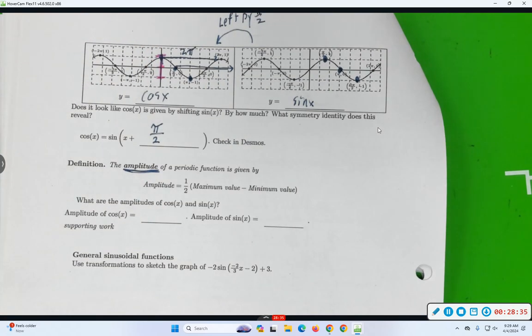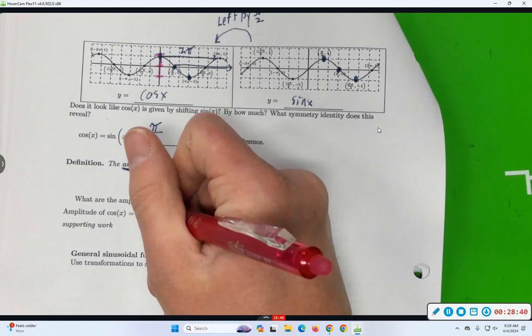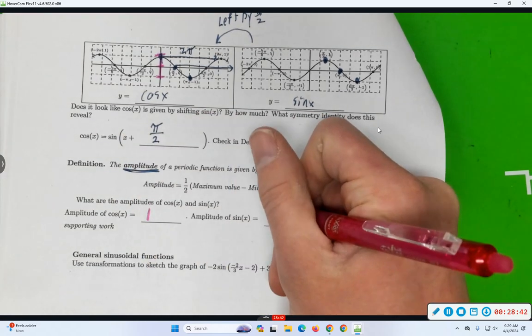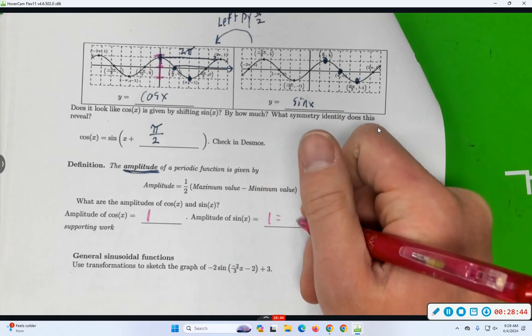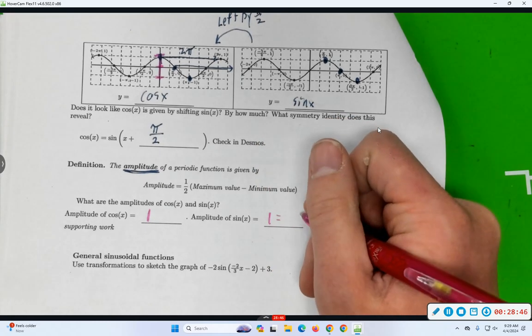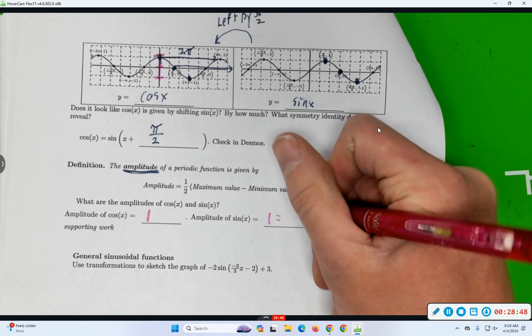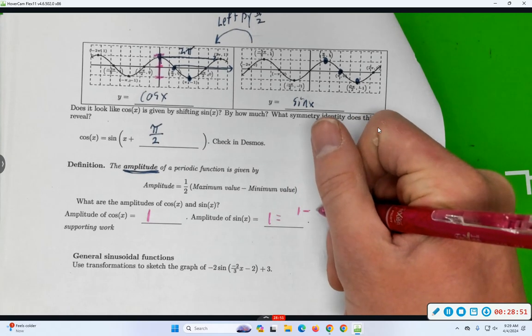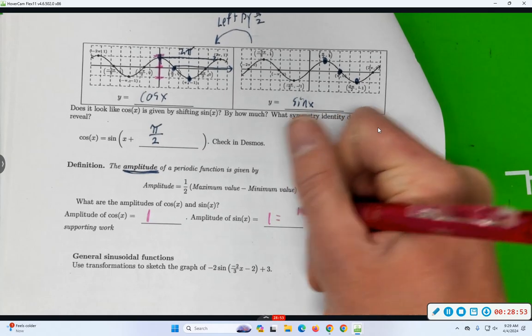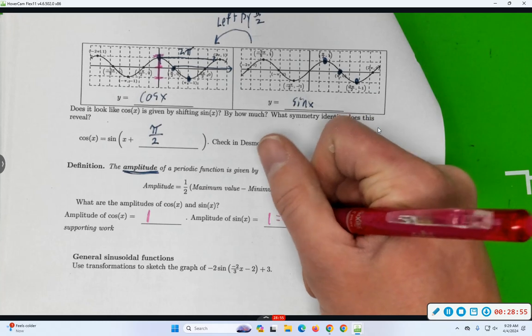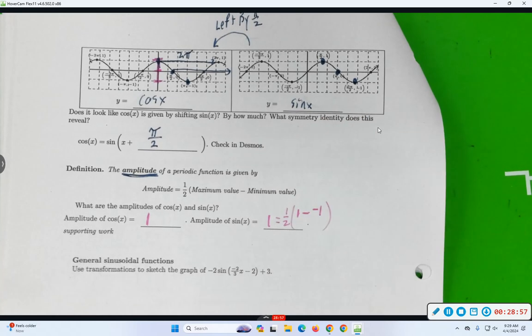Feel good right now? All right. So amplitude of cosine is 1, amplitude of sine is 1, and maybe we'll just check. What's the maximum value of sine? What's the minimum value of sine? And then I want 1/2 of that. Is that equal to 1?